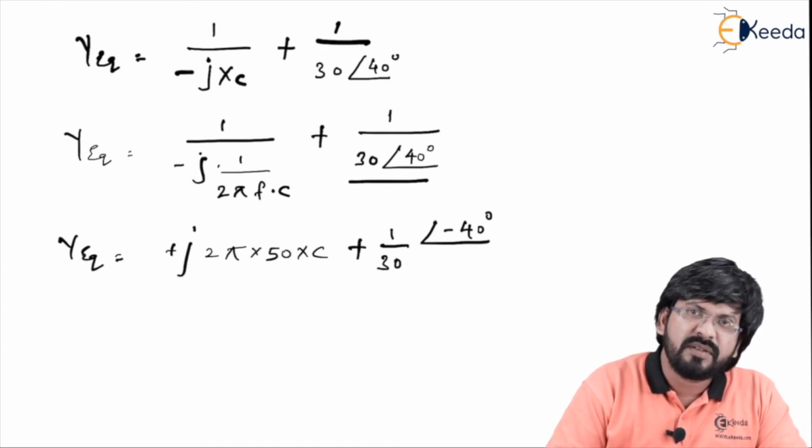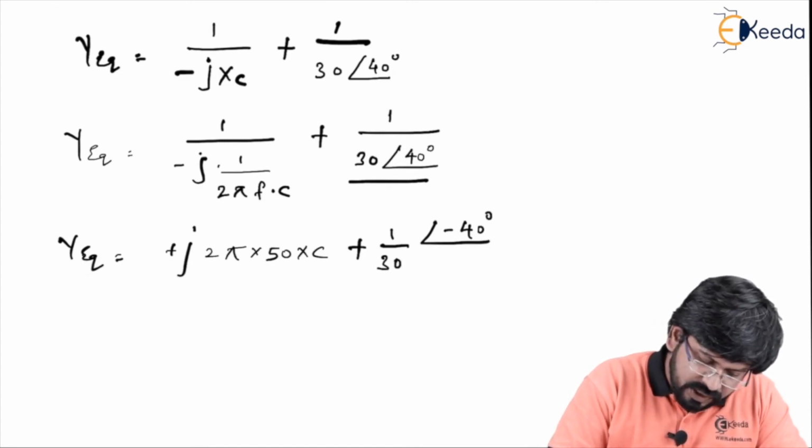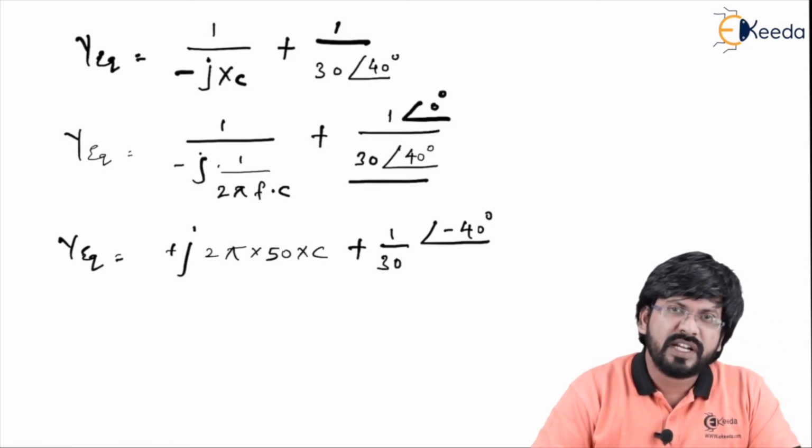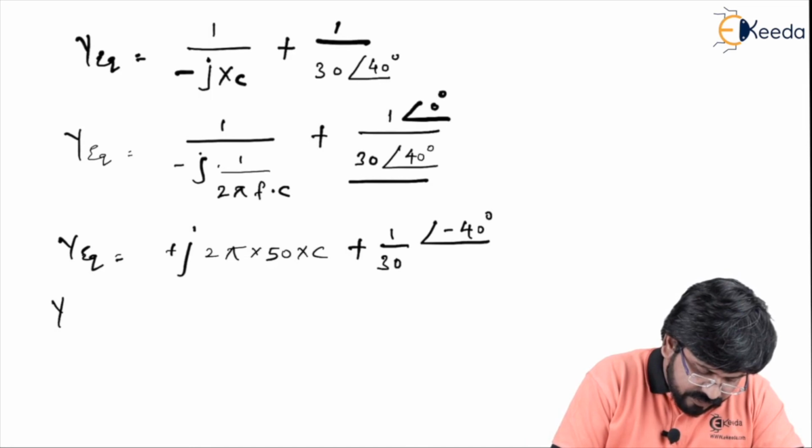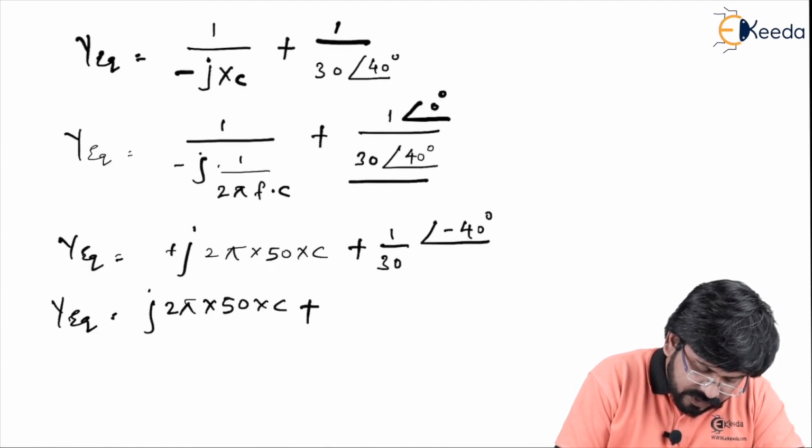These are simple polar rules: if no angle is there, take the angle as 0 degrees, and when polar values are divided, their angles get subtracted. So it is 0 minus 40, effective angle minus 40 degrees.